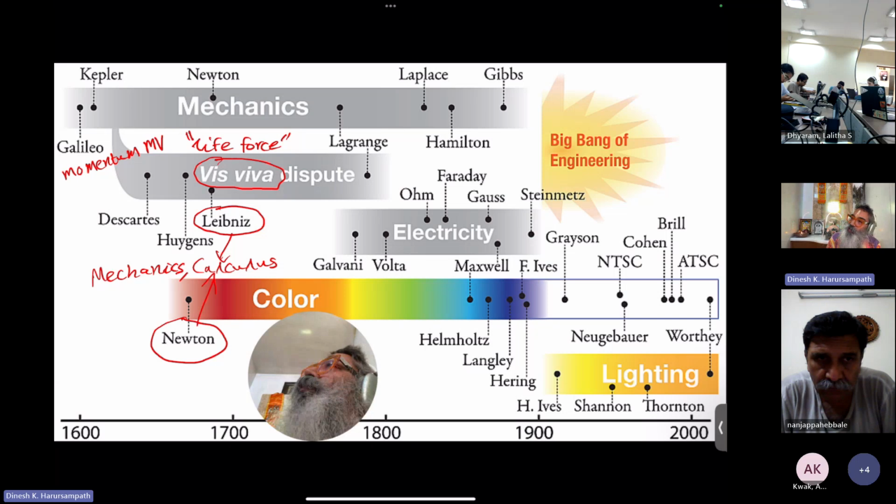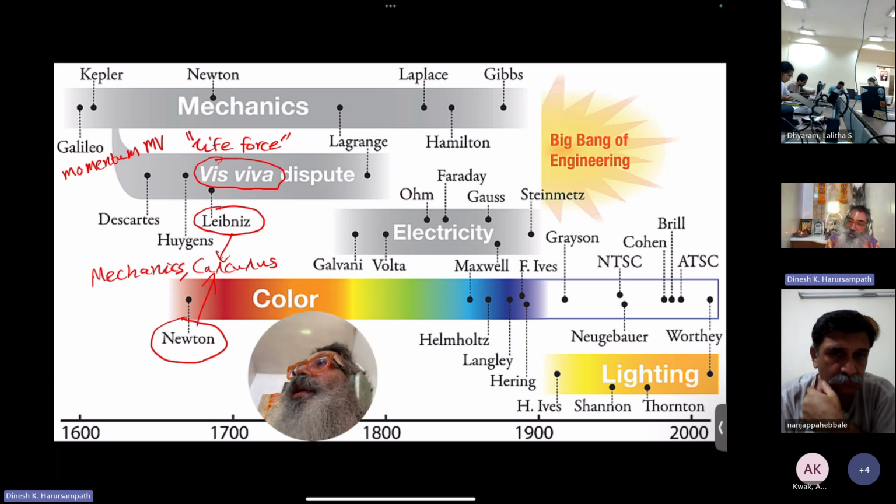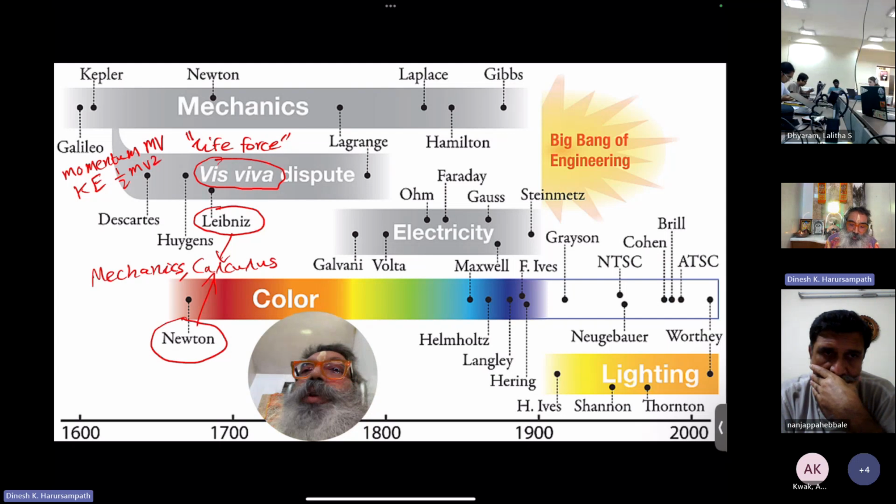So it's like an mv kind of a dimension, where v, of course, has L by t. And on the other hand, the kinetic energy, as you know, the expression is half mv squared. Okay. So the dispute was not about the half factor, but mv versus mv squared.